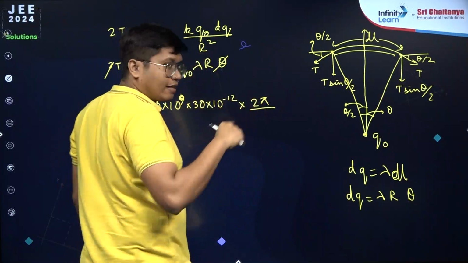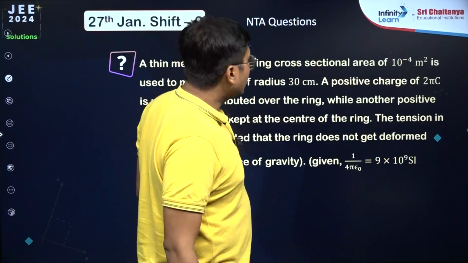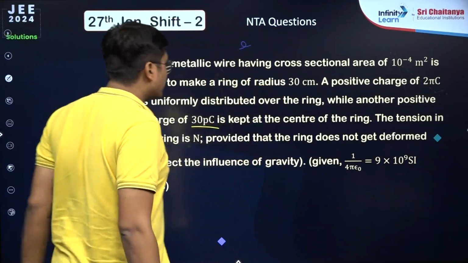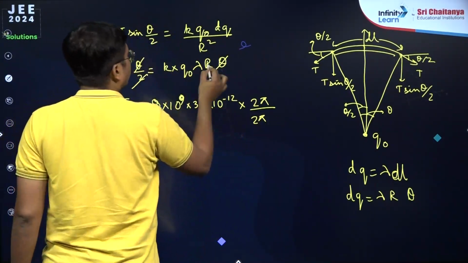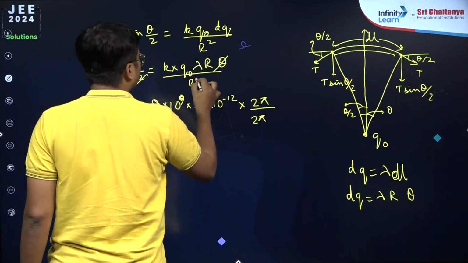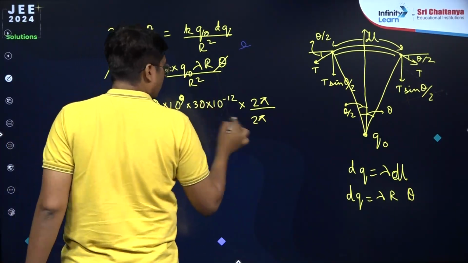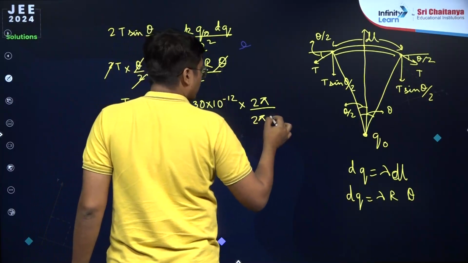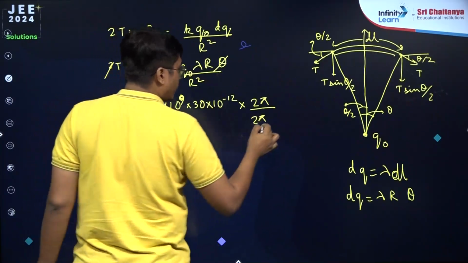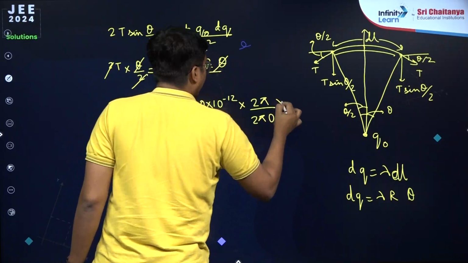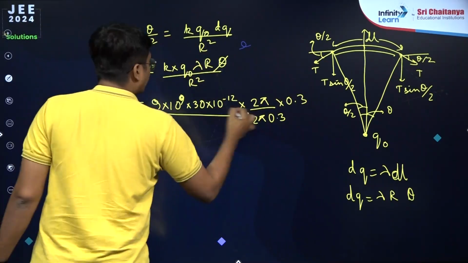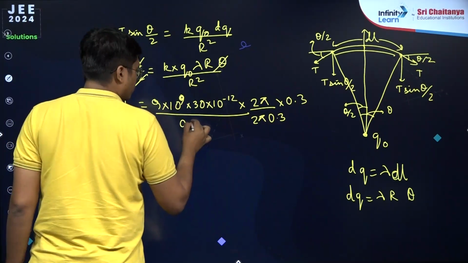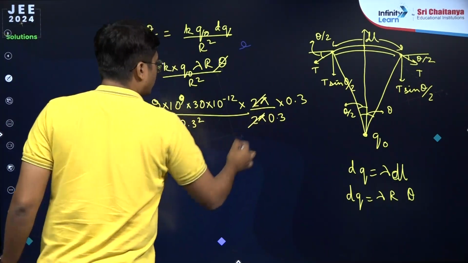What is the total length? The total length is 2 pi r, the radius being 30 centimeter. Okay, there's also an r square. My bad, I missed out on an r square over here. There's a 2 pi into r. R is 30 centimeters, so 0.3, into, we had an extra r up top, 0.3 divided by the r square, which is 0.3 square. Cancel out the 2 pi's first of all.